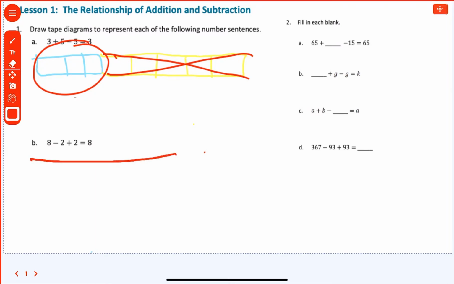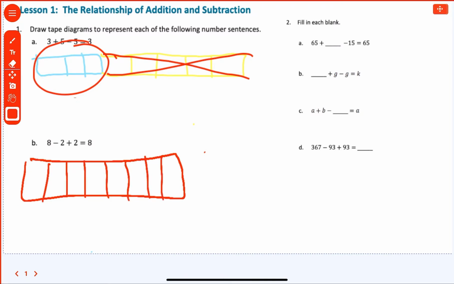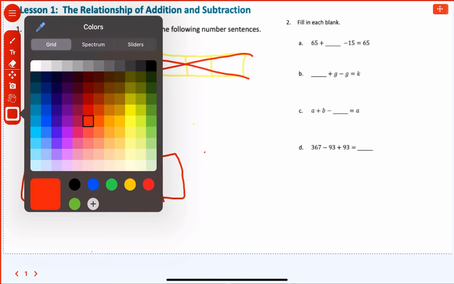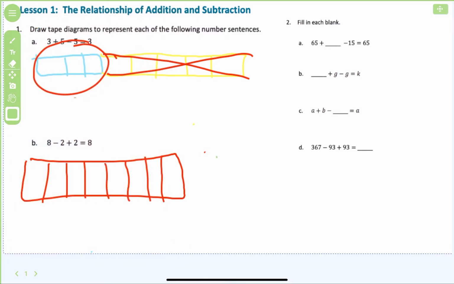So let's do this. Now we have 8. But this wants us to take 2 away. So let's take 2 away here. We've got rid of 2. But now we got to add 2 back to it.